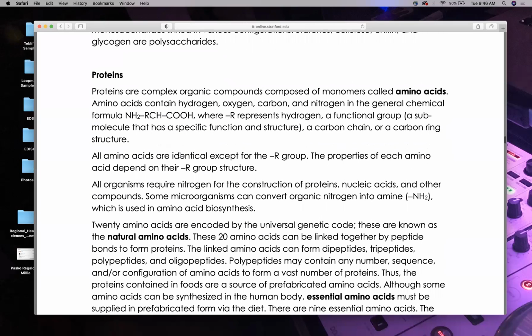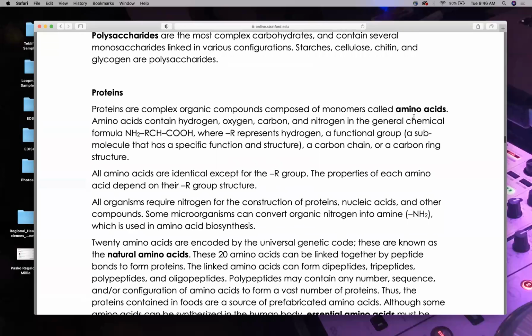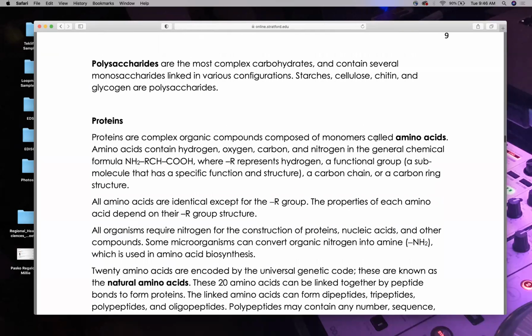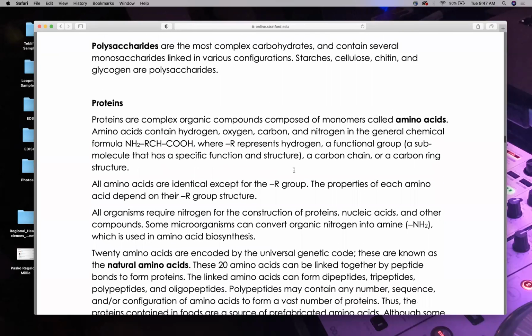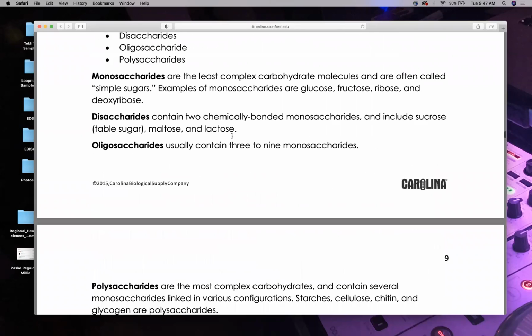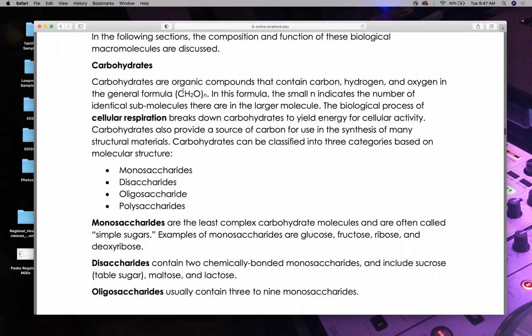So proteinase breaks down those peptide bonds and then breaks it down to amino acids. So all a protein is, is a chain of amino acids. And it's made out of carbon, hydrogen, oxygen, and nitrogen. And the carbohydrate is made out of carbon, hydrogen, and oxygen.